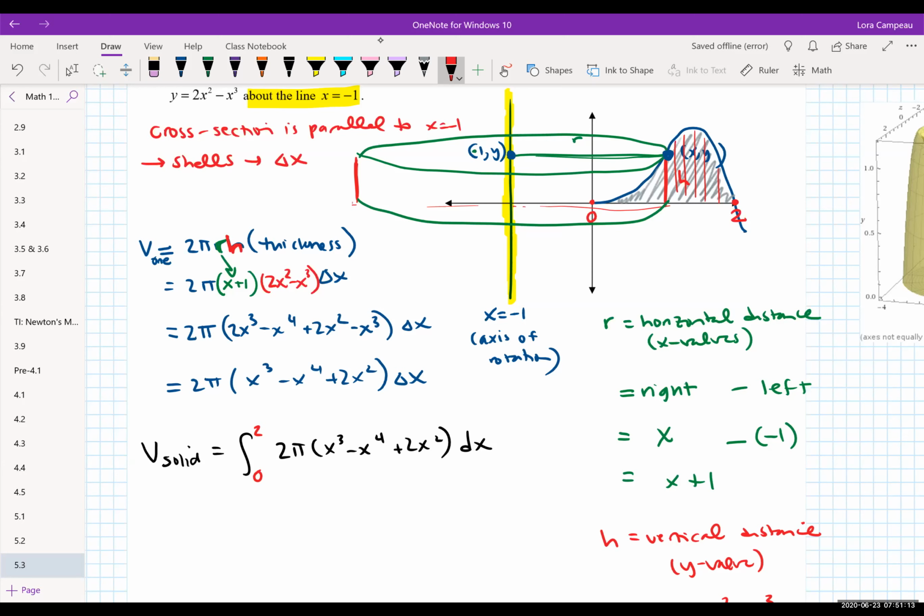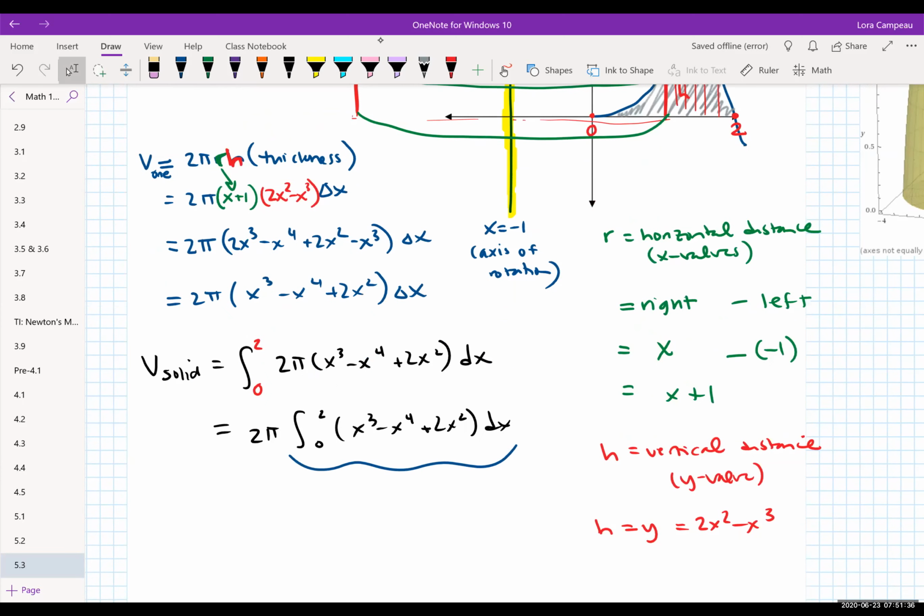We're almost there. We have to factor out the 2 pi. So 2 pi, and then still we've got the integral of x cubed minus x to the fourth plus 2x squared with respect to x. If you want to take the TI one last time, feel free to do it by hand, but I think it's just a little more tiresome.